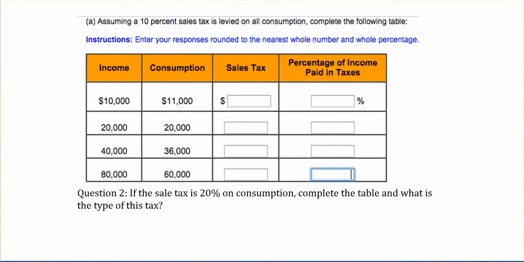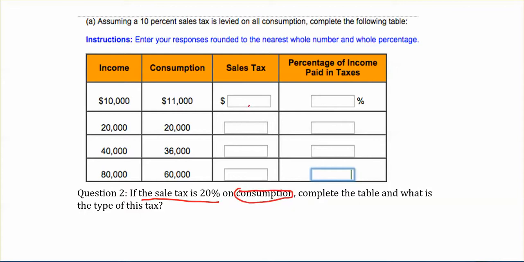Now the first column of this table is income, the second column is consumption, the third column is sales tax, and the last column is the percentage of the income paid in taxes. We know the sales tax is 20%, and the 20% is on consumption.